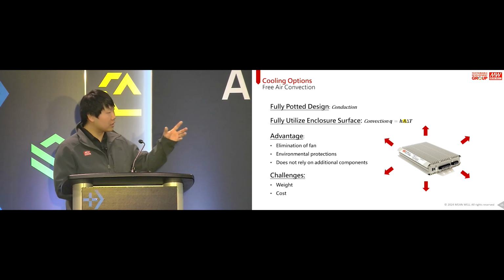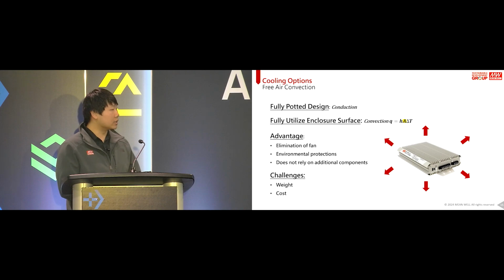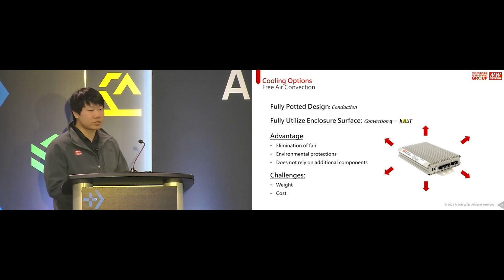There is a thermodynamic formula for convection cooling: the heat dissipated is equal to hAΔT, where h is the material constant, A is the surface area, and ΔT is the temperature difference between the medium you're transferring heat to and the medium the heat is generated from. And of course, the advantage of free air convection is the elimination of the fan.